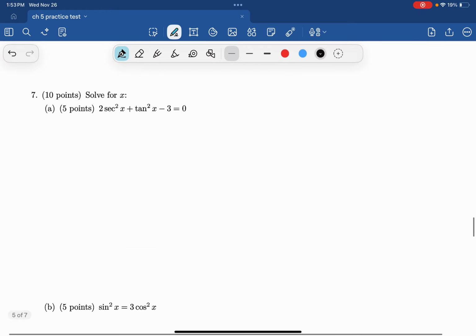Next, we want to solve for x. Here, we're going to want to use a Pythagorean identity. There are different ways you could do it. You could either convert the secant squared to a tangent squared or tangent squared to a secant squared. Let's do the first way first. Convert the secant to a tangent. So we're going to use the fact that secant squared equals 1 plus tangent squared.